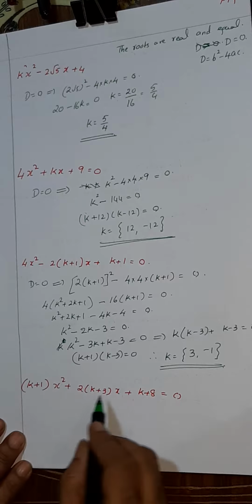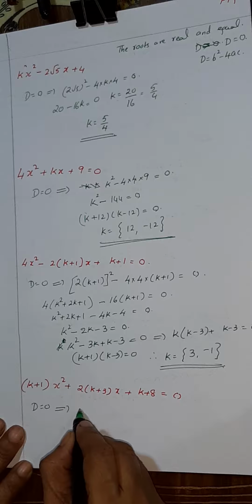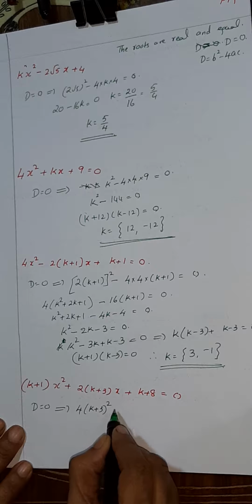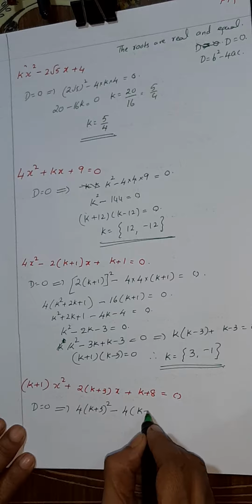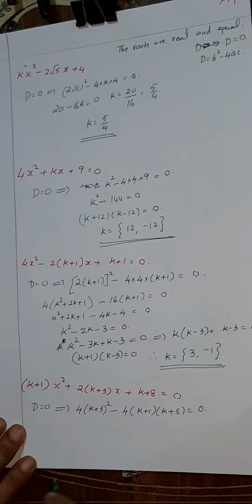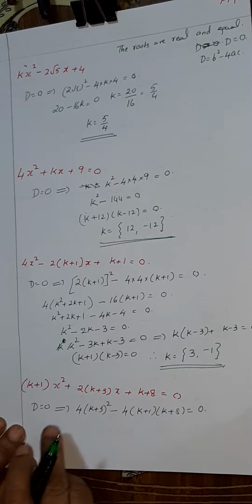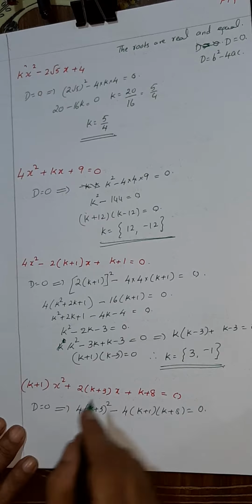So coming to this question, again d equal to 0. b squared will become, this is square, so 4 into k plus 3 the whole squared, minus 4 into k plus 1 into k plus 8 equal to 0. So again I can divide throughout by 4. So we are left with k plus 3 the whole square.